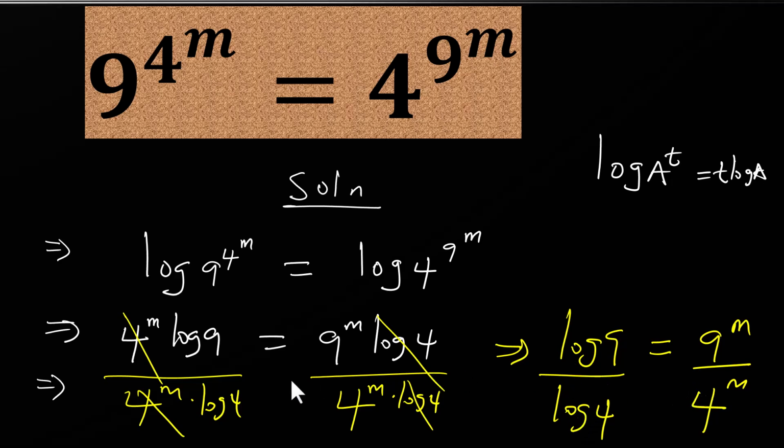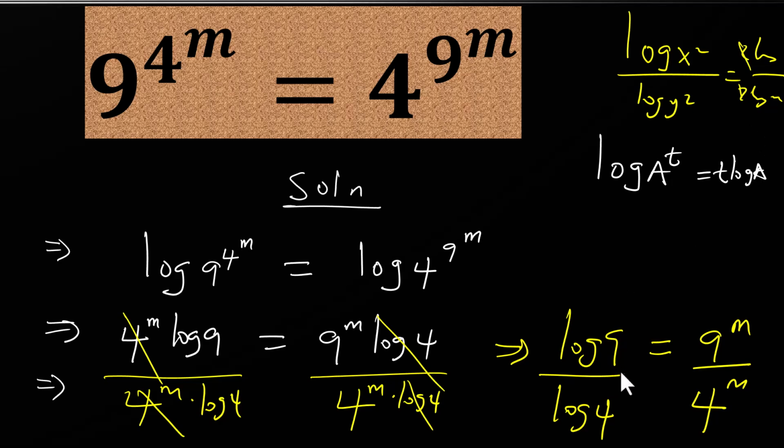Now let's observe this and that. Remember we are after m. So log 9 over log 4. When you have log x squared over log y squared, this will be 2 log x over 2 log y, whereby this one will cancel.